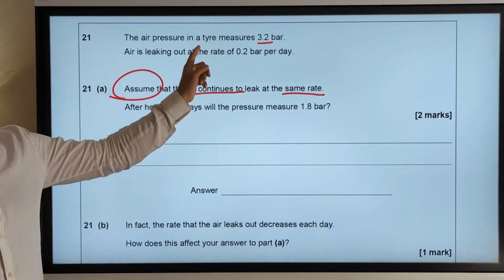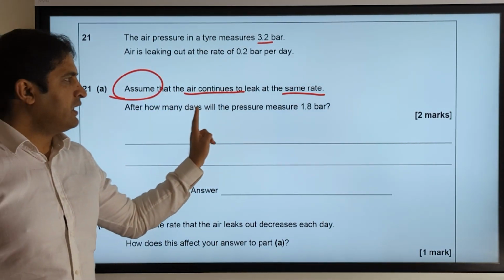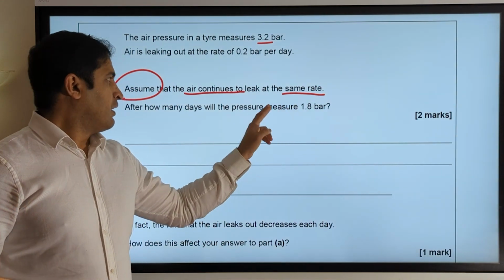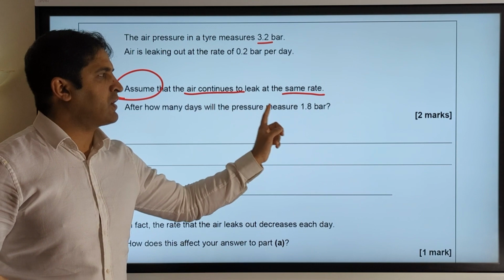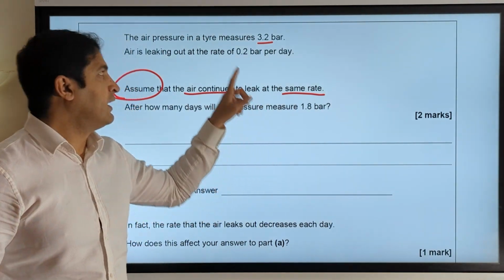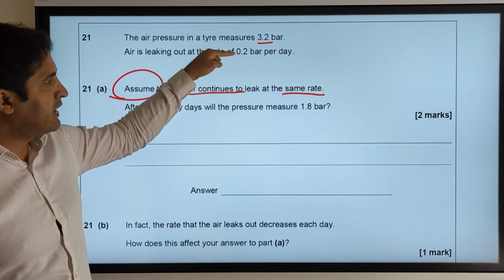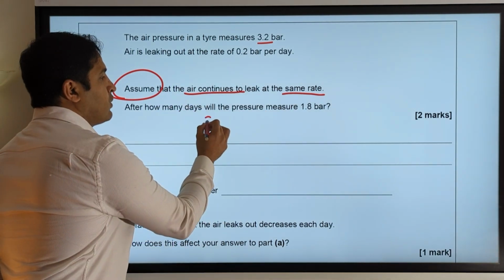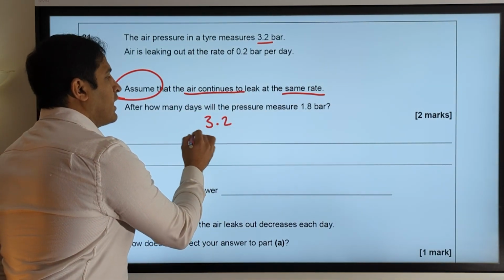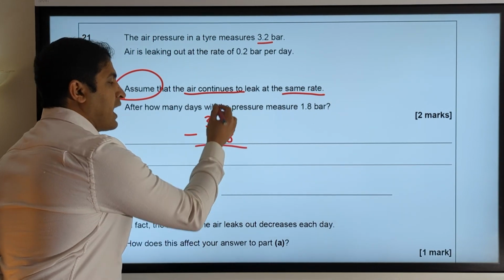If it leaks at the same rate, how many days will the pressure measure 1.8 bar? So how many days do I need to drop down to get to 1.8? I would generally do 3.2 take away 1.8 to work out the difference.